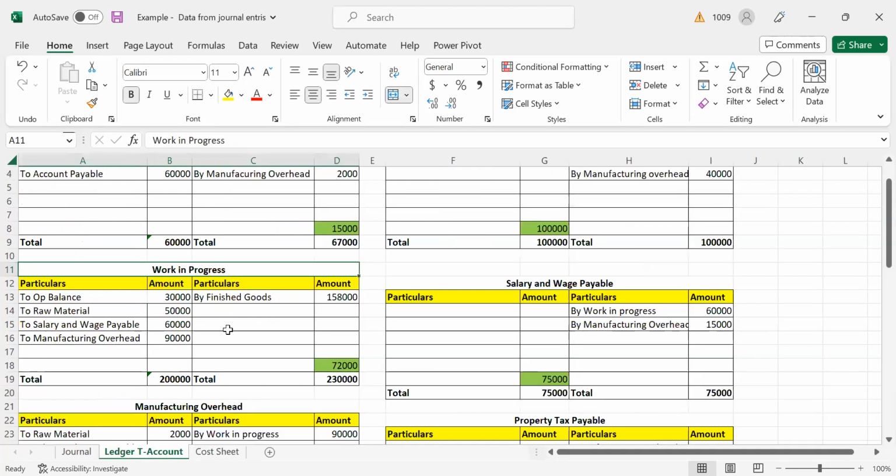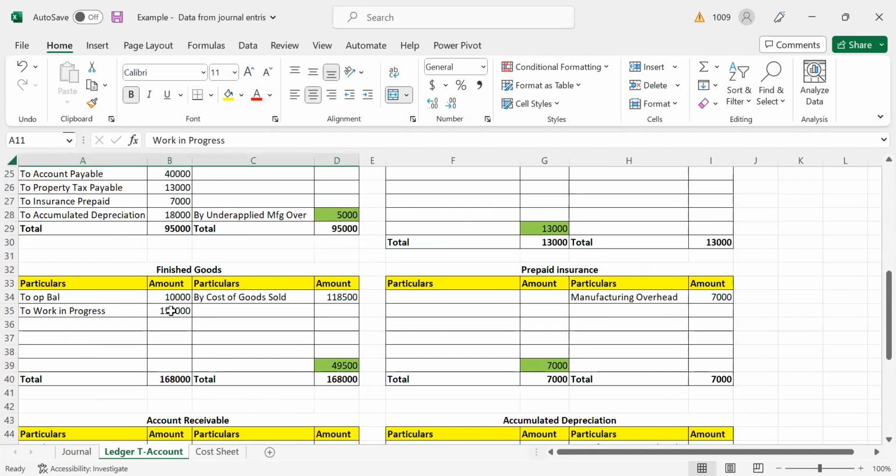So closing stock, we can see here the finished goods, 10,000, that was the opening balance. Then in the finished goods, from the work in progress we received this much of goods. After that, cost of goods sold was this much. Cost of goods sold we calculated, right?